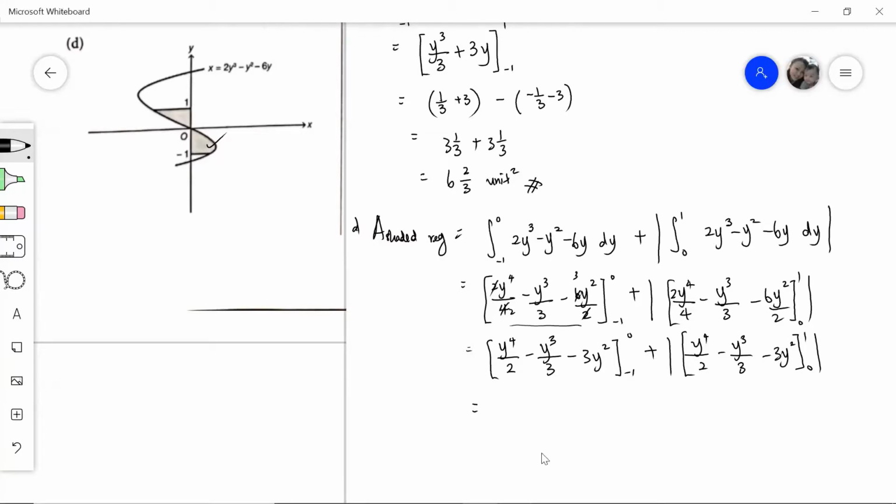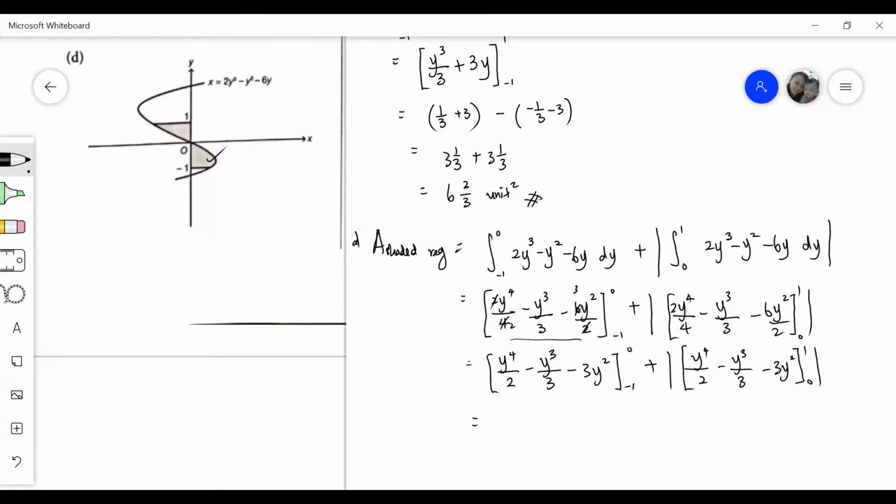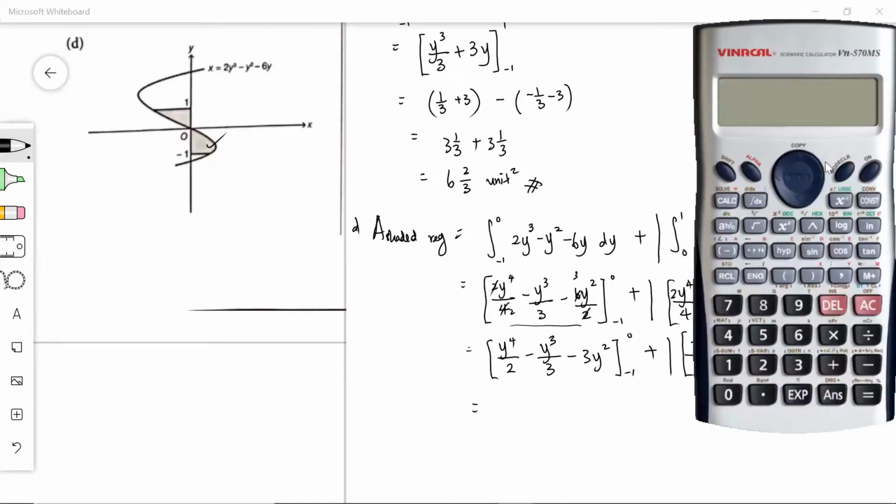Therefore, for this, we shall key in the function. Key in the expression. So you can use y, or you can use x, up to you.